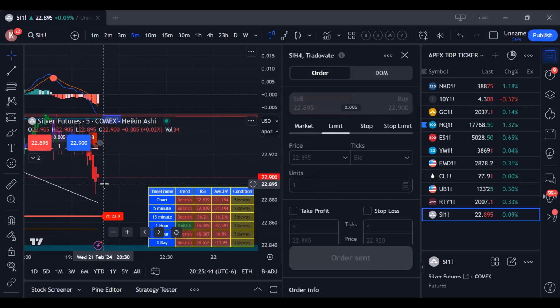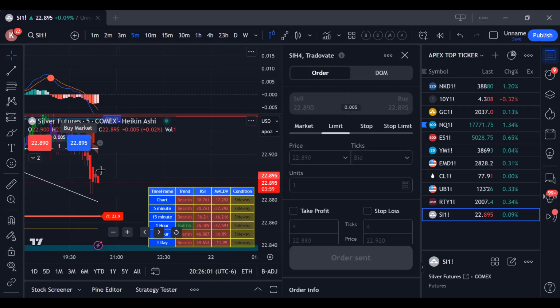If somebody wants to buy at 22.9 instead of selling at 22.895, because you will already be at a loss of $25 if you sell here. What I'm doing is trying to negotiate that I want to sell at 22.9.